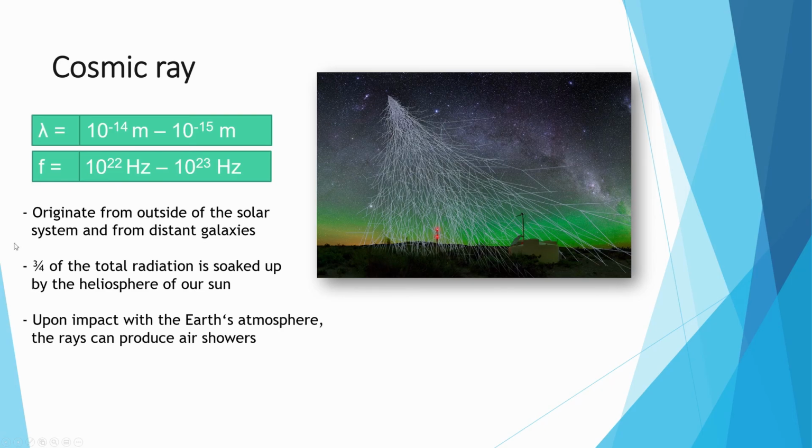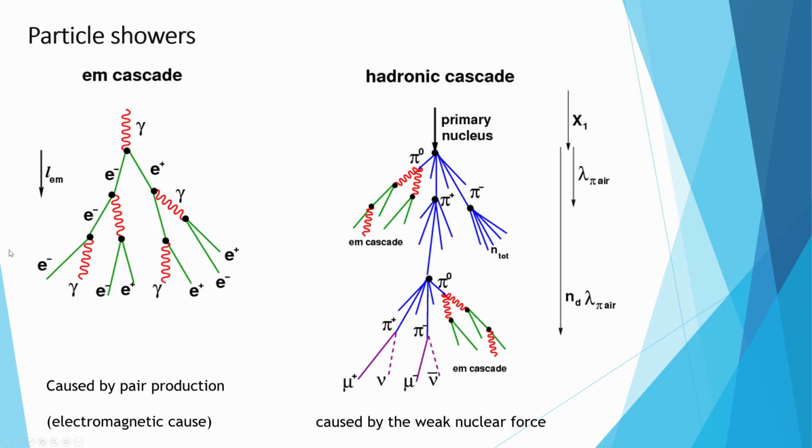Upon the impact with the Earth's atmosphere, the rays can produce so-called air showers. These particle showers are divided into two types: the electromagnetic cascade caused by pair production and only being on an energetic level, and on the right side, the hadronic cascade, which is caused by the weak nuclear force creating a lot of different interactions, containing the production of, for instance, muons.